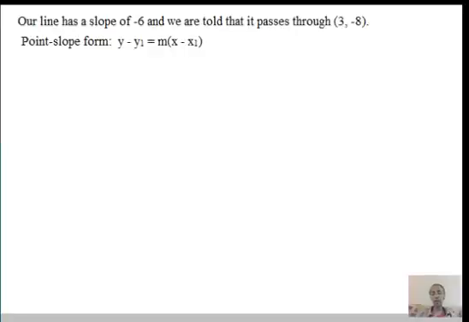So we want to use the point slope form of a line equation. y minus y1 equals m times x minus x1 is the formula that we're going to use. Where we see a y1, we're going to put negative 8. Where we see m, we're going to put negative 6, and we're going to replace the x1 with 3.